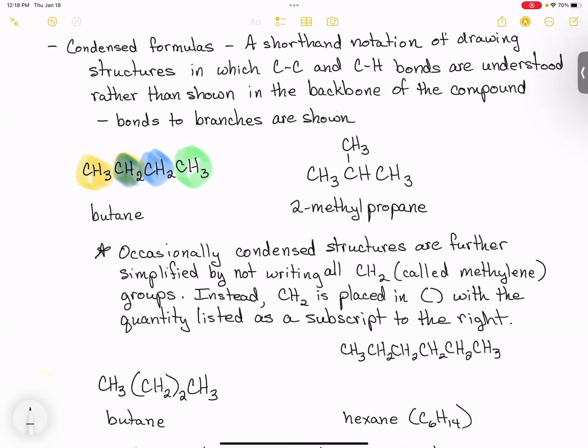We can take this middle portion and condense it so that we write it as CH3, and then there are 4 of these CH2s that go back to back, followed by a CH3. And so this would be the further condensed structure for this long chain alkane.